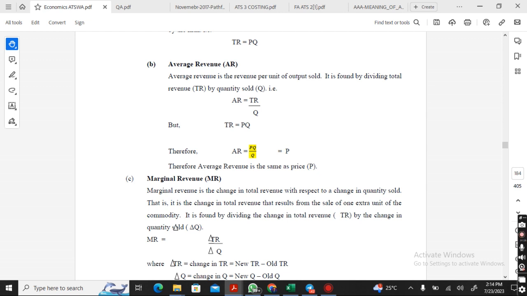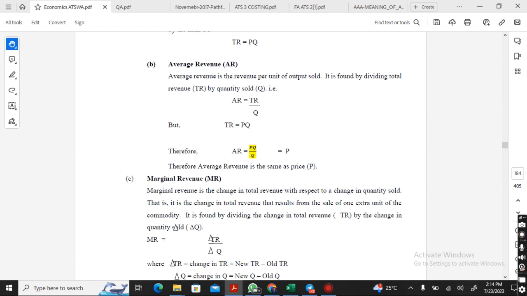So you can get your revenue by multiplying your price by quantity. Therefore average revenue can also be gotten by P times Q over Q, which gives us the price. So that means average revenue can also serve as your price.